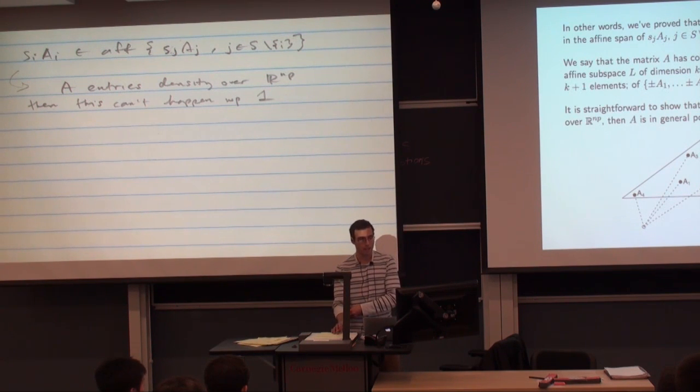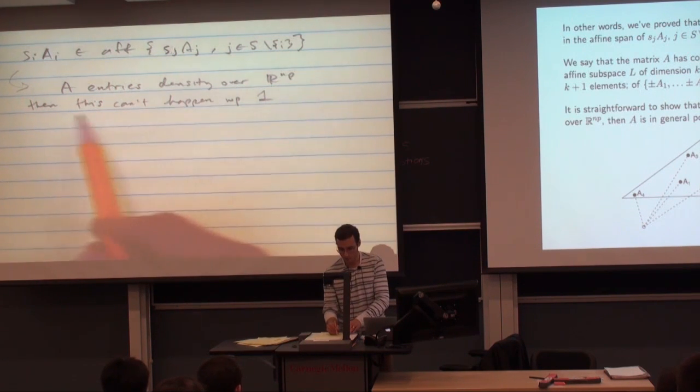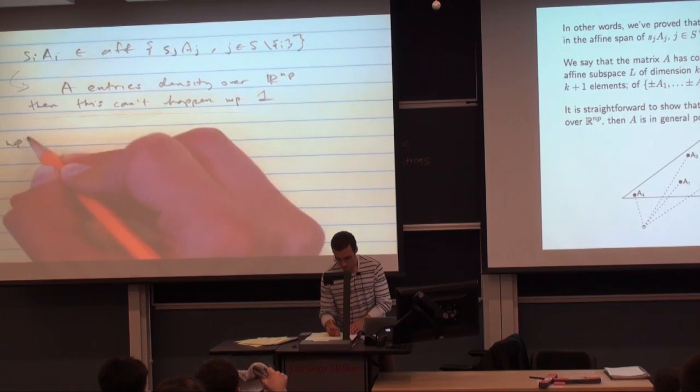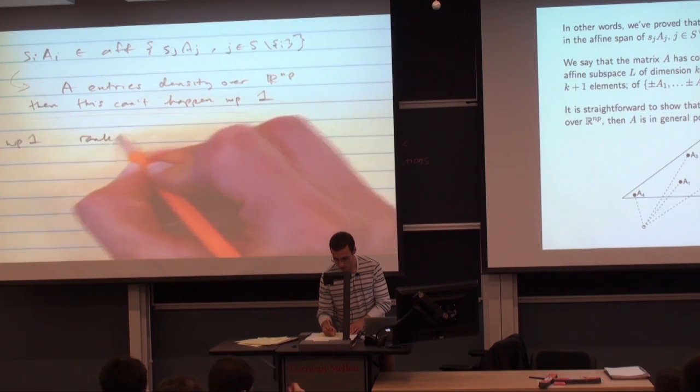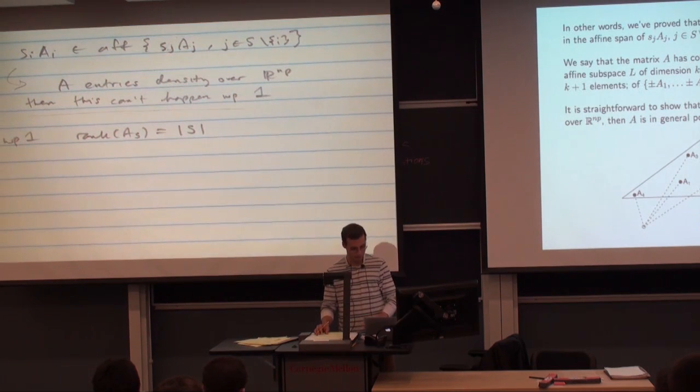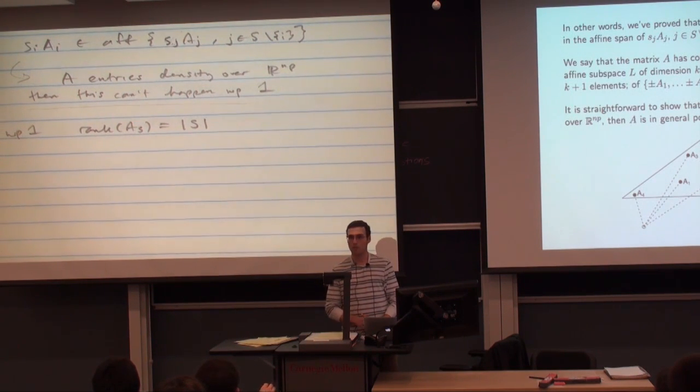So if A has entries drawn from a continuous probability distribution, then what we've just shown is that this can't happen with probability 1, which means that with probability 1, the rank of these variables is equal to the number of variables. In other words, those variables are linearly independent.